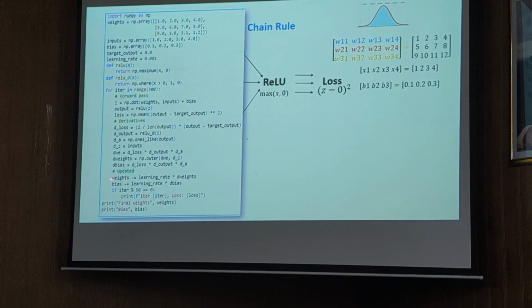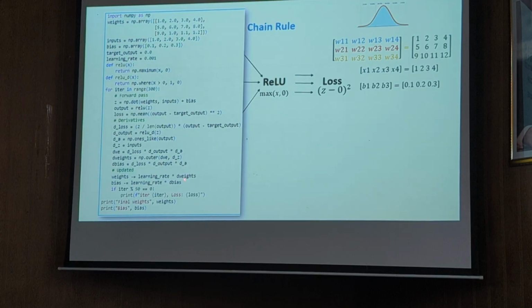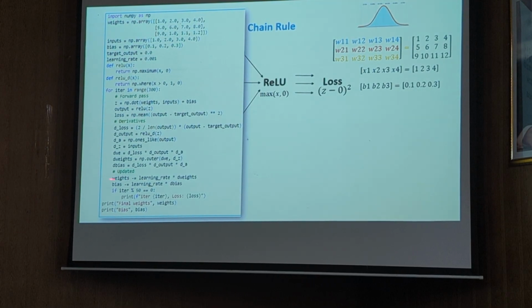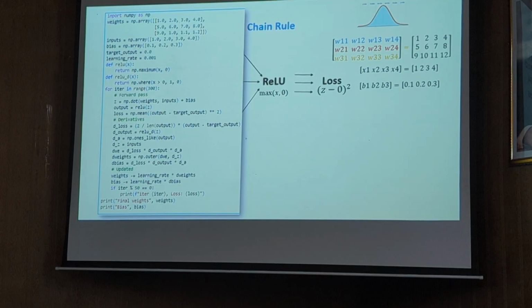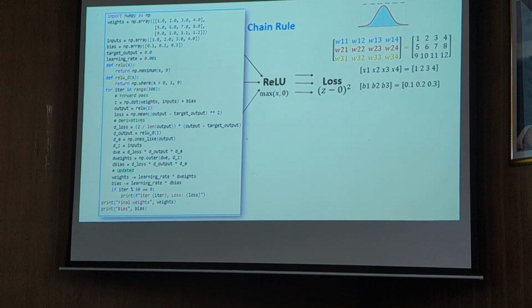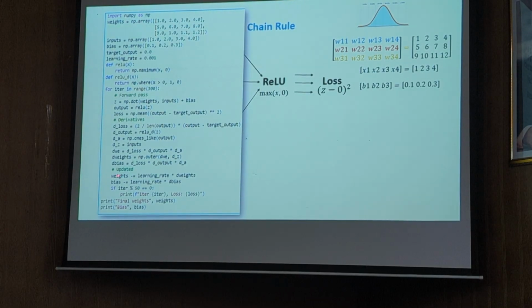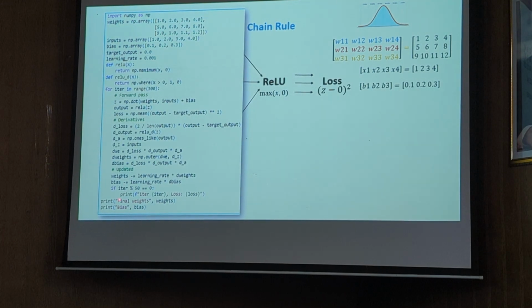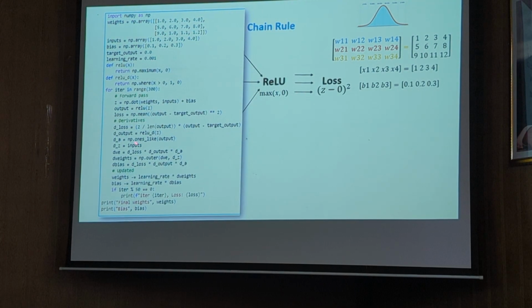You take minus learning rate times d weight, and then it is stored again in the same variable. It will be automatically updated. The previous data vanishes, and you will have a new one. Same for the bias: decrement by learning rate times d bias.